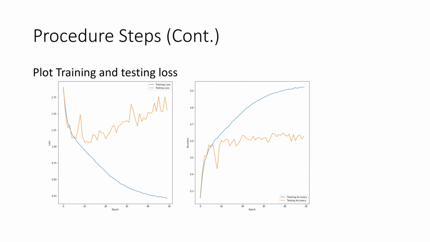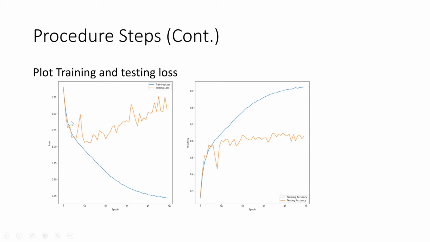And finally, once we fit the model with the data generator training and validation dataset, this is the plot we are seeing, loss and accuracy.